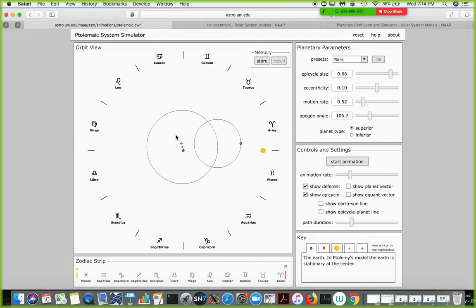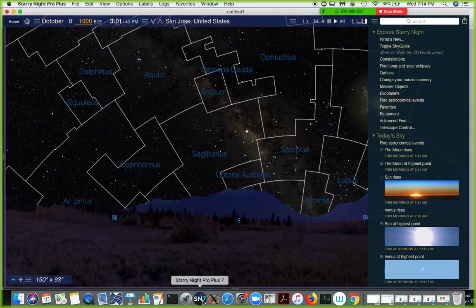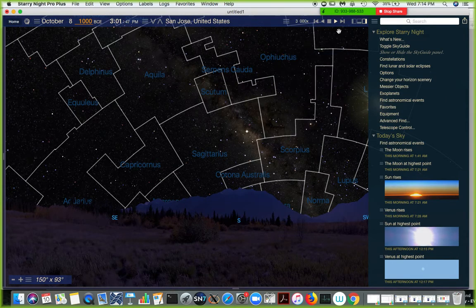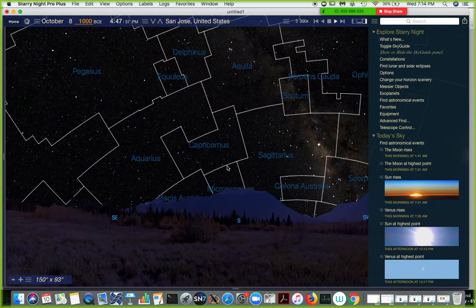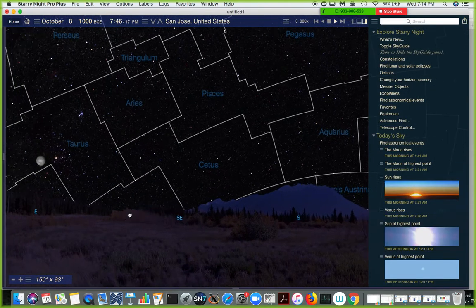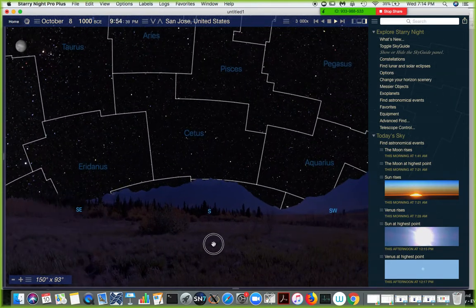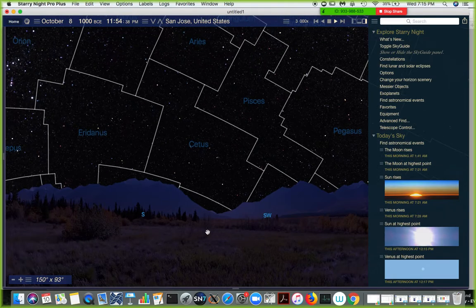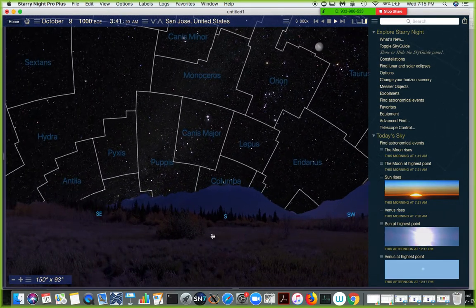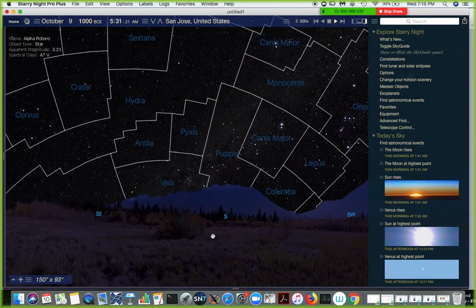the diurnal motion, the east to west motion of stars and planets, and let me show you here in Starry Night software. There you go. So this is diurnal motion, the east to west motion of stars as we face south, caused by Earth rotation in the sky.